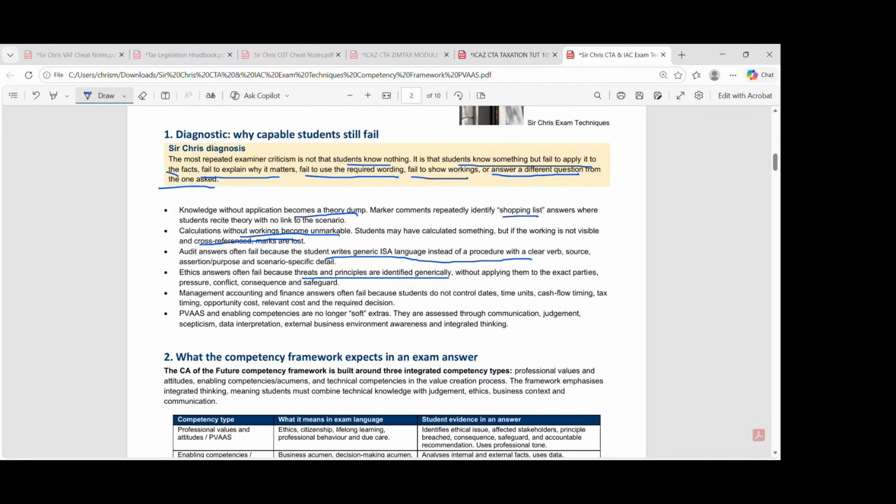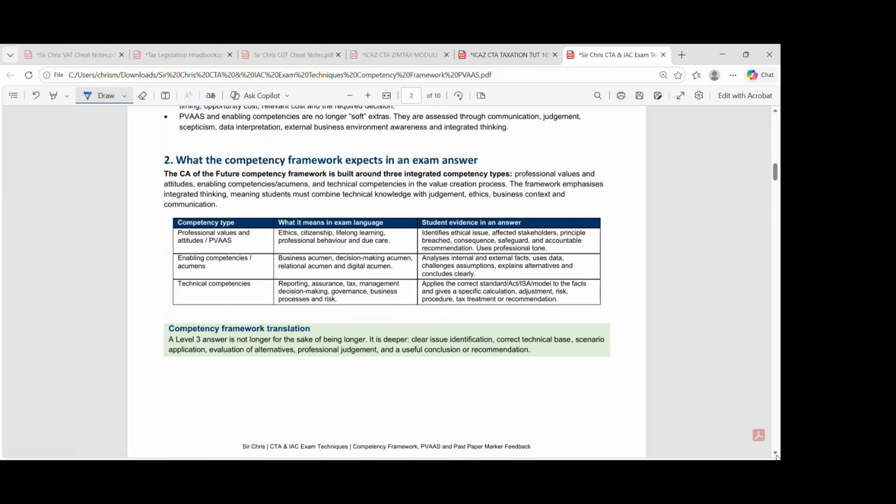All right. Then, what does the competence framework expect in an exam answer? So we have the CA of the future. That's why some are saying students are failing because of this. The competence has three most important things: your professional values and attitude, enabling competence, and technical competence in the value creation process.